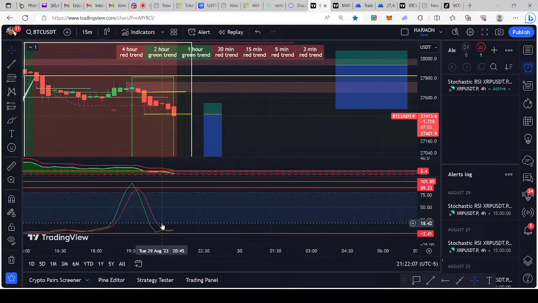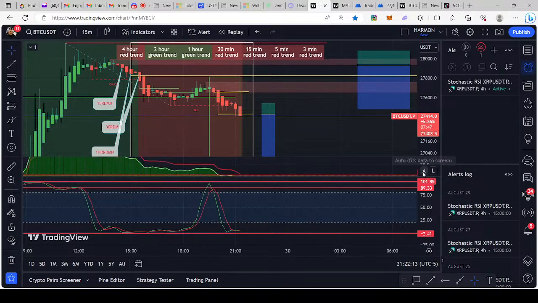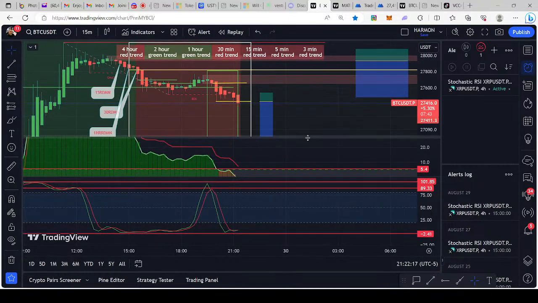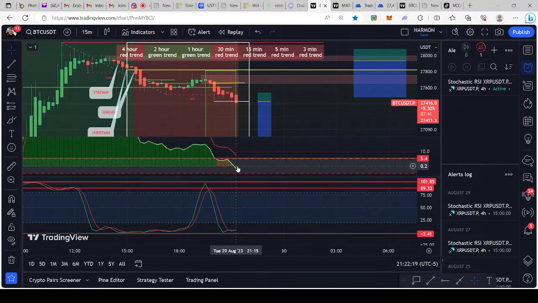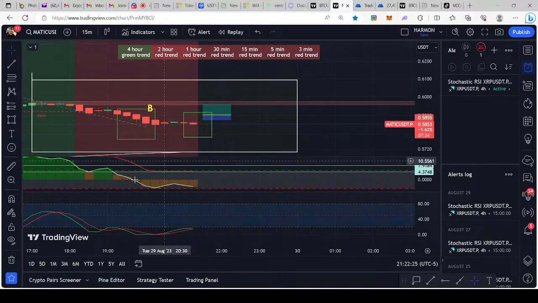You don't want to fight against the 15-minute trend, but you also remember as time goes on, the trends get weaker, right? So you can see here that we just broke negative volume on the 15-minute for Bitcoin. And over here, look at Matic, see where we broke the negative volume here?